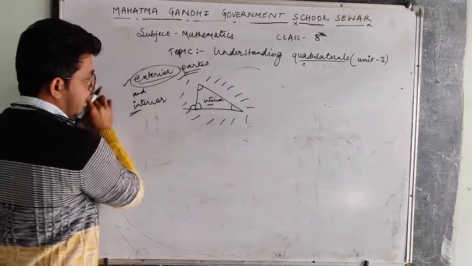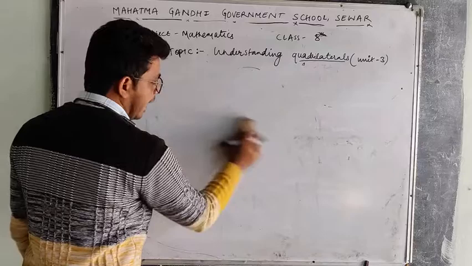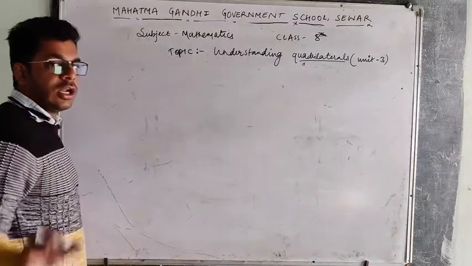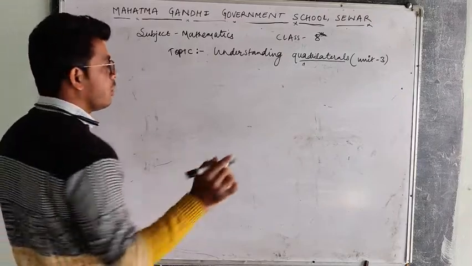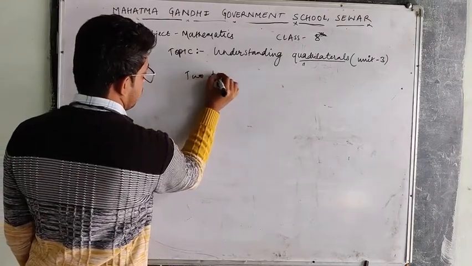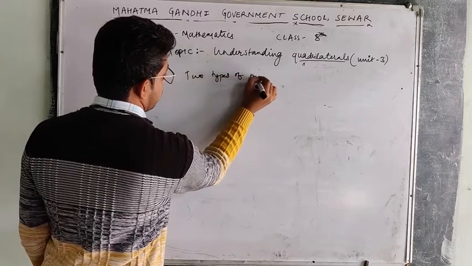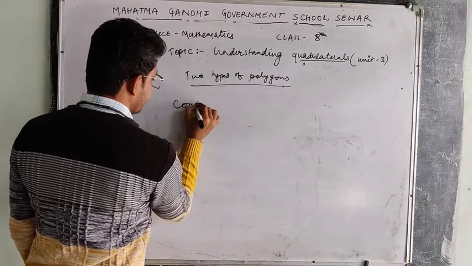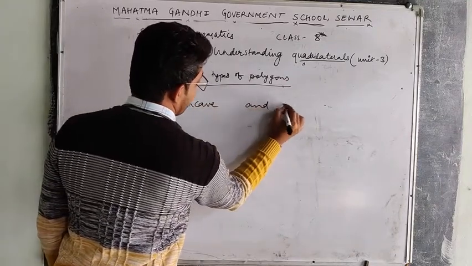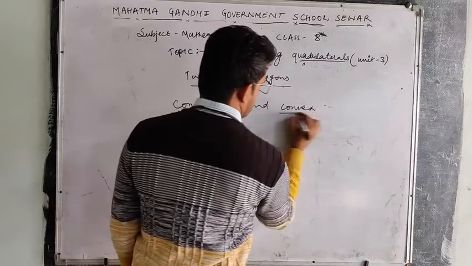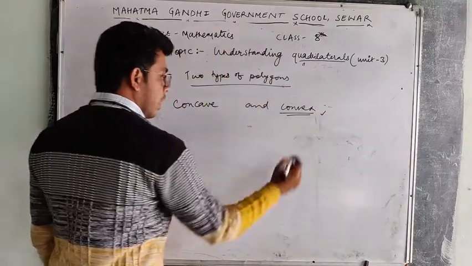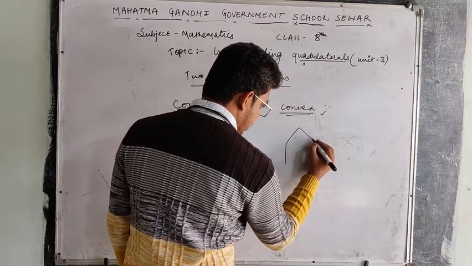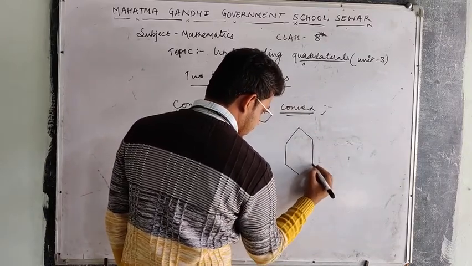According to the angles' existence or structure, there are two types of polygons: concave and convex. As we studied in science class, what are concave and convex things.